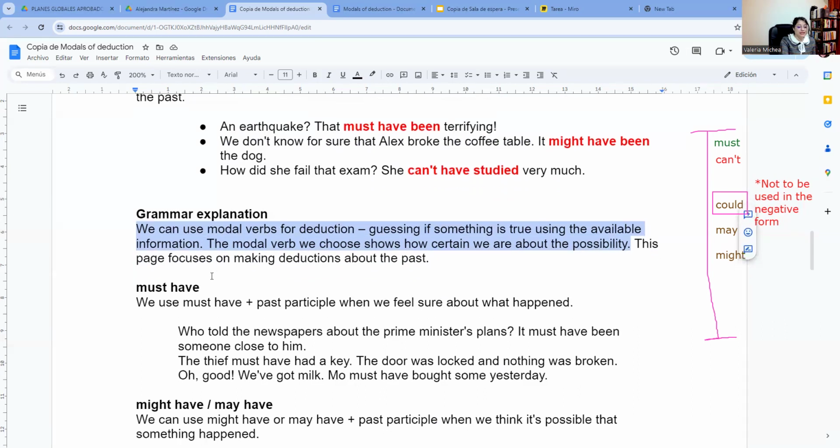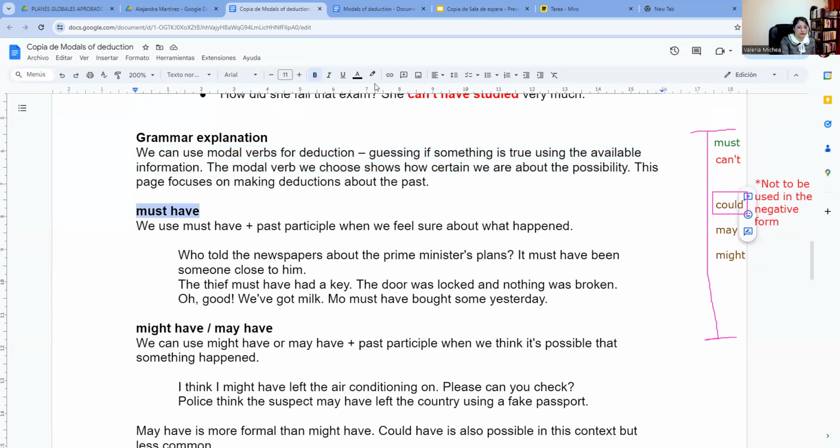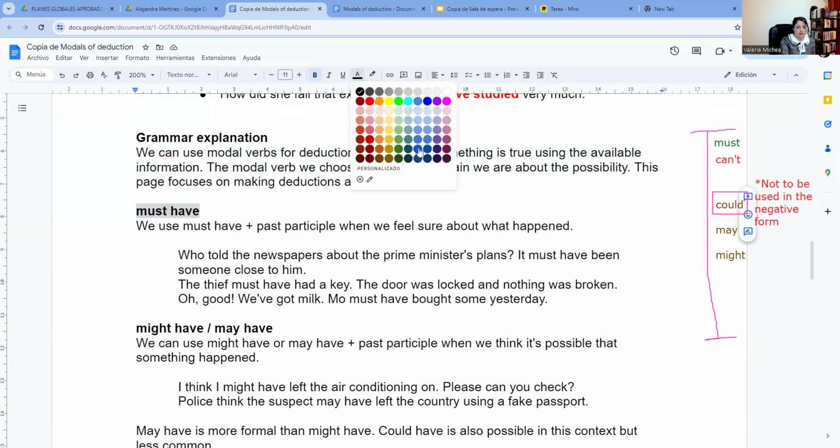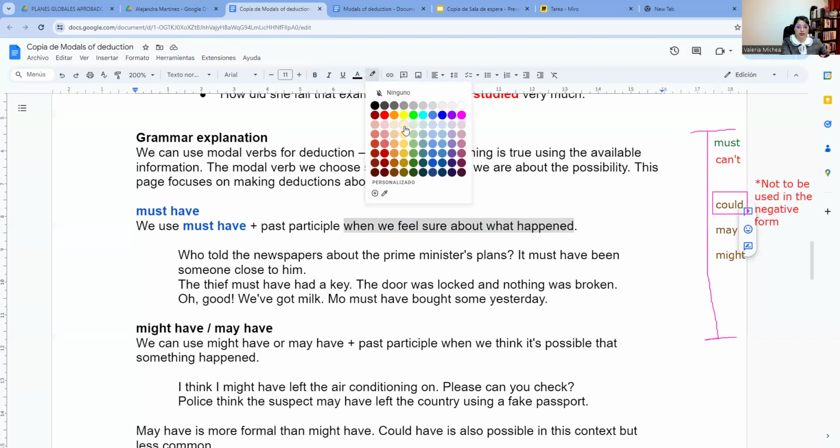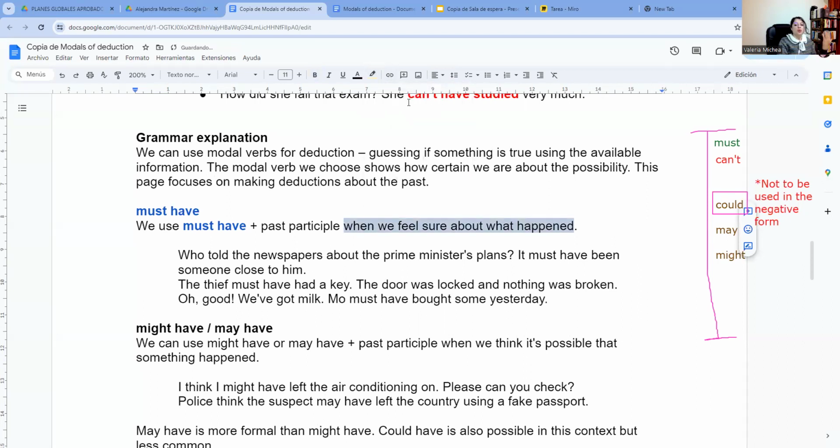Right, so let's have a look at must have first. Let's use the same colors we use with the other one. We use must have plus the participle form of the verb when we feel sure about what happened in the past, of course. The rule is the same: we use must have when we have a lot of evidence.